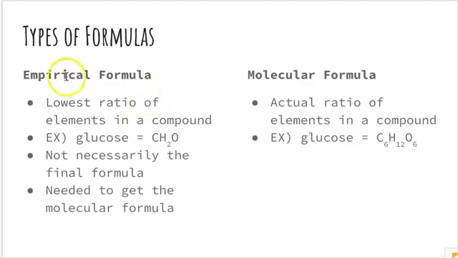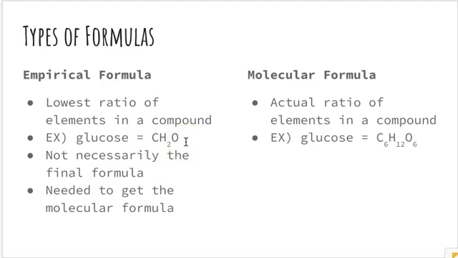If we look on the left here, empirical formula is defined as the lowest ratio of elements in a molecular formula. So if we go back to our glucose example, which is a 6 to 12 to 6 ratio, we can reduce that down to a 1 to 2 to 1 ratio. So the empirical formula for glucose would be C1H2O1.